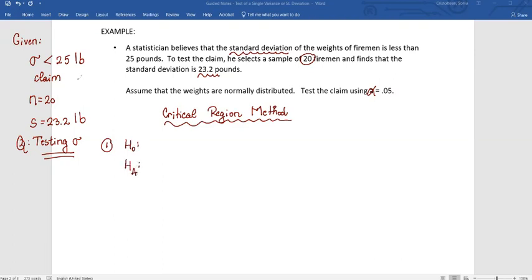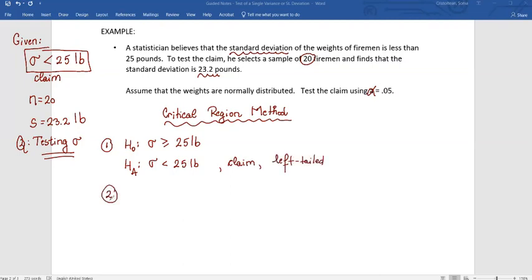We look at what we have been given and see this strict inequality related to the standard deviation, so that will become the alternative hypothesis: sigma is less than 25 pounds. The null hypothesis will be sigma greater than or equal to 25 pounds. Also, the alternative is the claim, and we see that we are doing a left tail test.